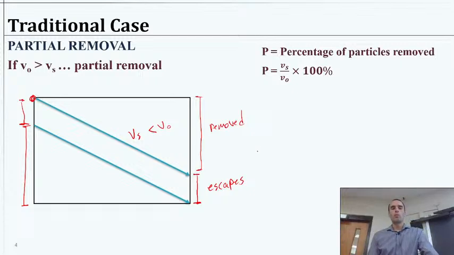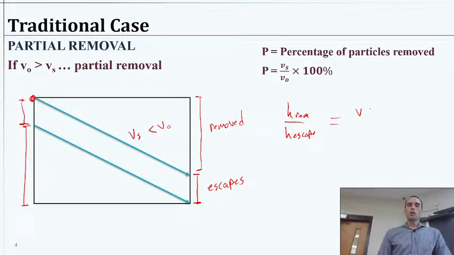So we could say that the height for removed divided by the height for escaped is going to be the same thing as the portion of the velocity here for the, let's see if I'm getting this right.